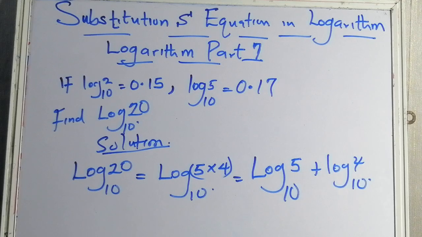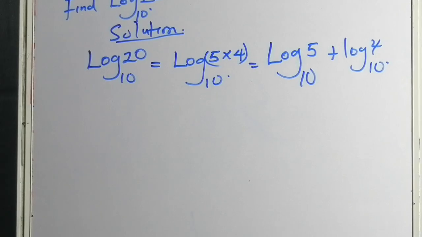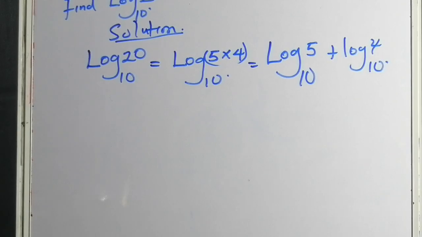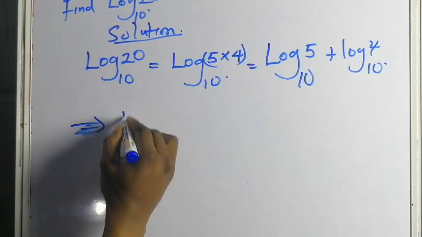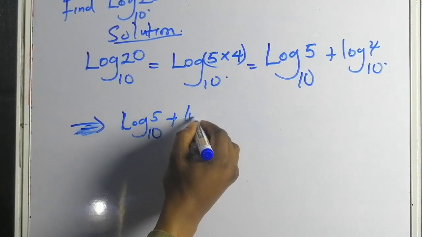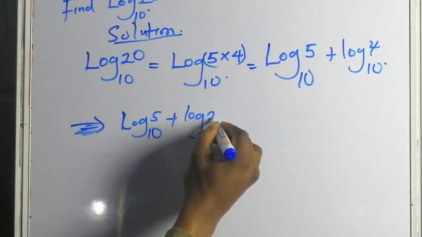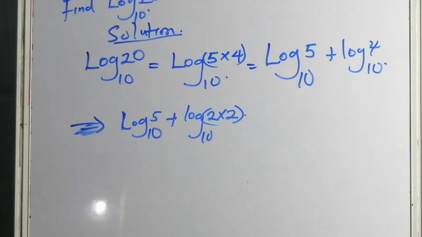We're trying to break it down in such a way that we can replace the values that we have. So we have log 5 base 10 plus log 4 base 10, which is the same thing as log 5 base 10 plus log of 2 times 2 base 10.